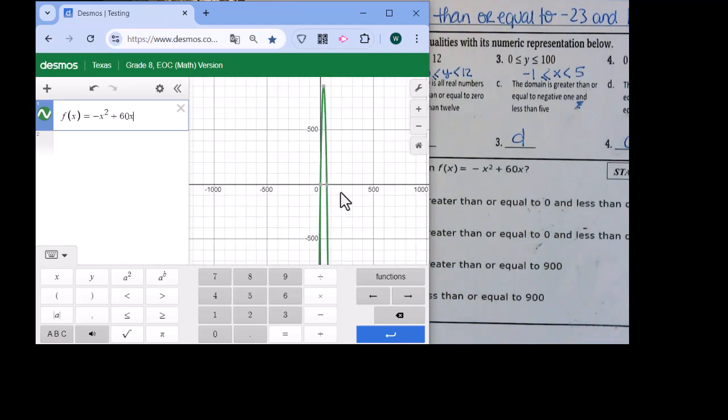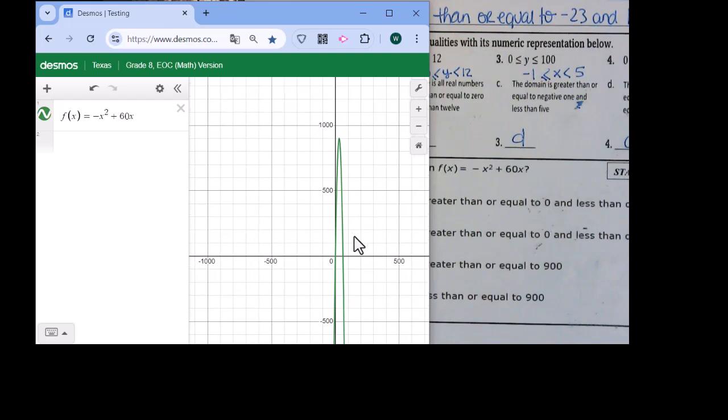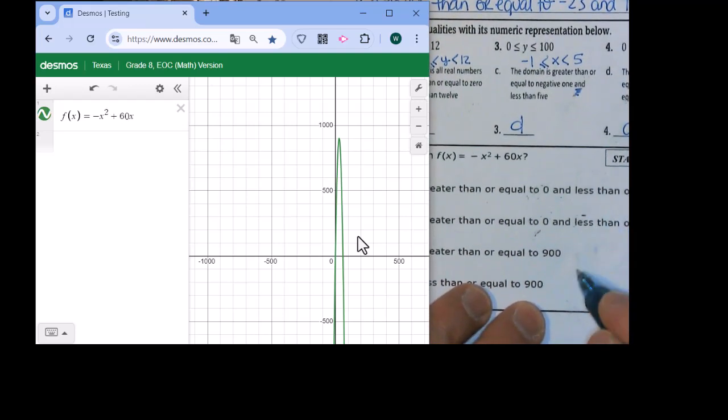I see that it looks like what we call a parabola. So I'm going to draw a sketch, and my sketch is going to look something like this. Desmos gives an idea that the graph is going to look like this curved line.